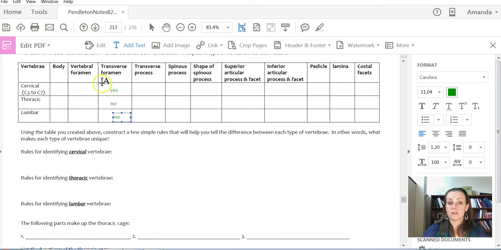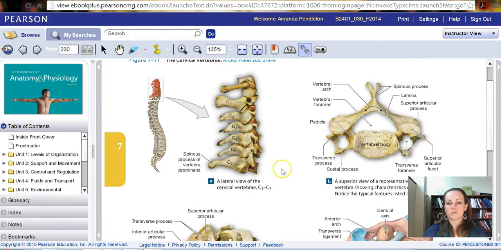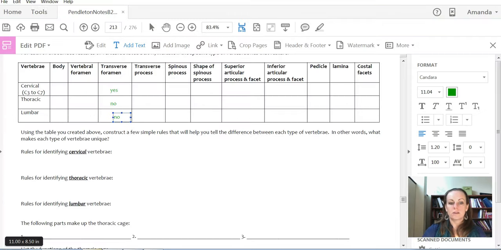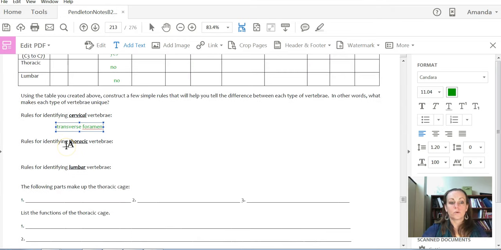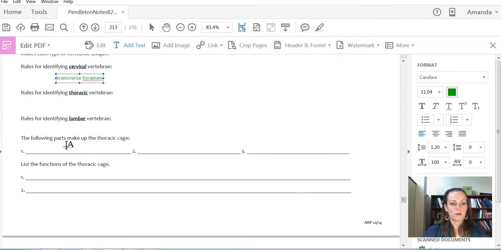So if you see transverse foramen, and I believe there's a picture right up here, these holes right here along the sides, if you've got that, then you immediately know that you're dealing with cervical vertebra. So go through there and look at those rules.